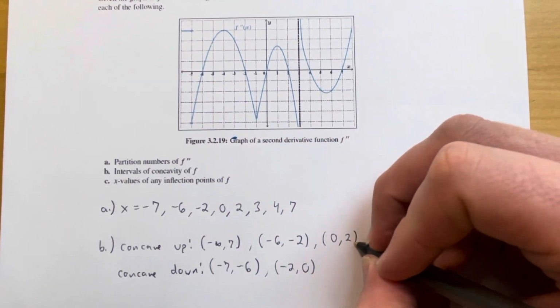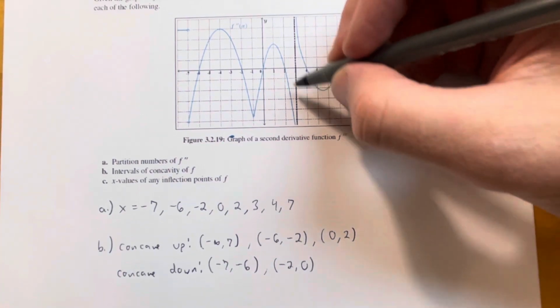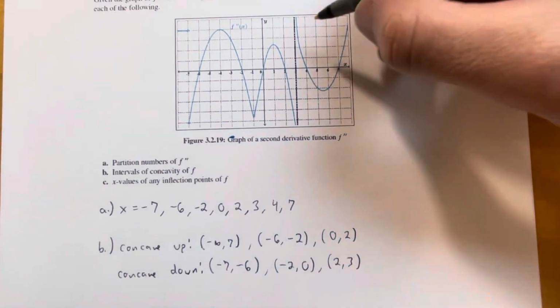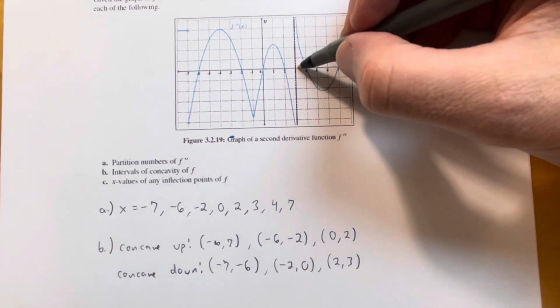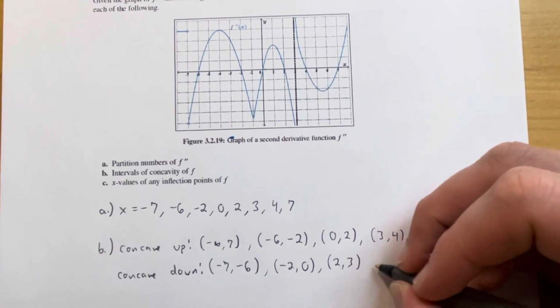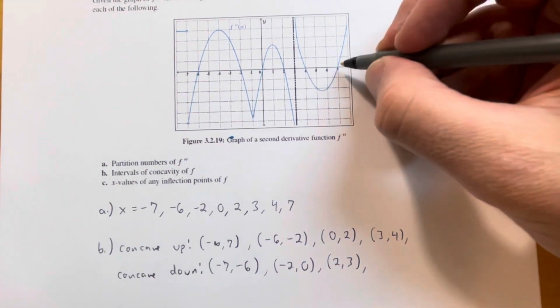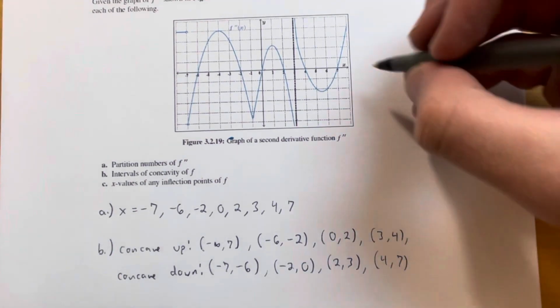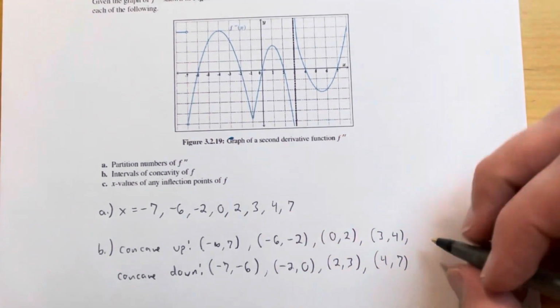Below the x-axis from 2 to 3, concave down there. Above the x-axis from 3 to 4. Below the x-axis from 4 to 7. And then one more time above the x-axis from 7 to infinity.